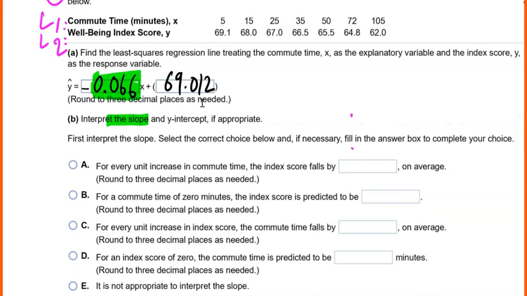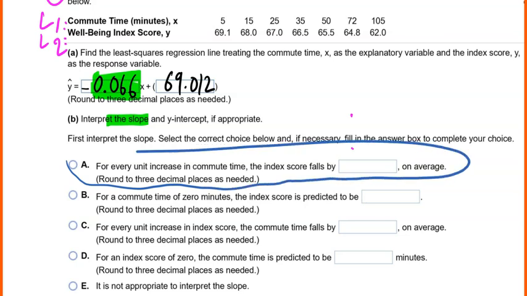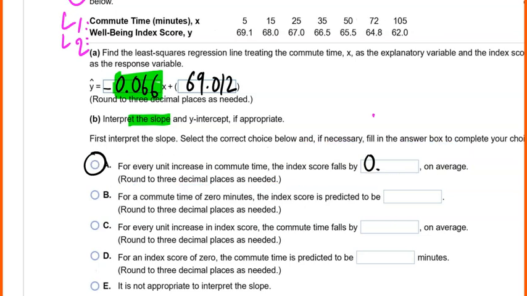That's the slope interpretation. Here's the answer. Part A: for every unit increase in commute time, the index score falls by 0.066. Because of the negative sign, you have to write decrease by or falls by, on average. Notice that this interpretation is on average, and rounded to 3 decimal places.